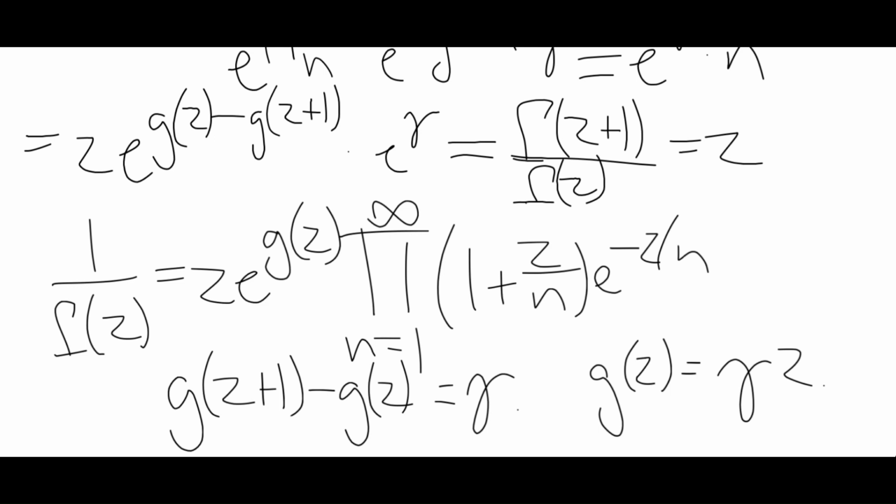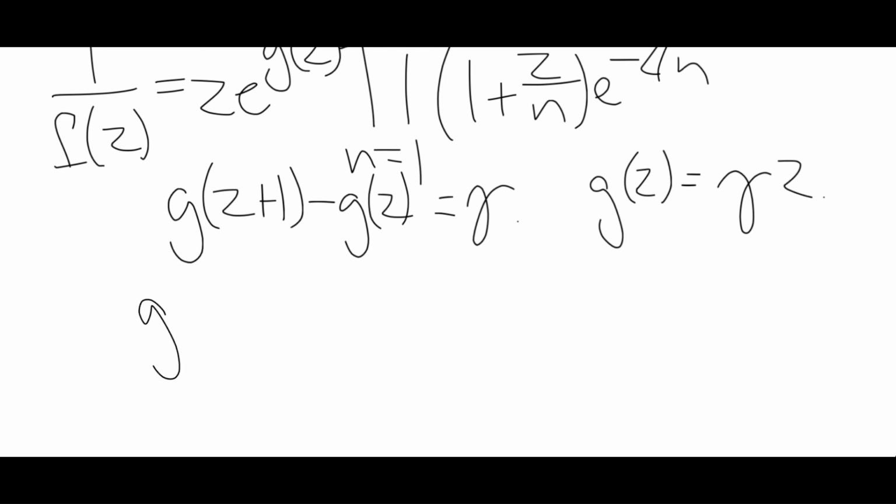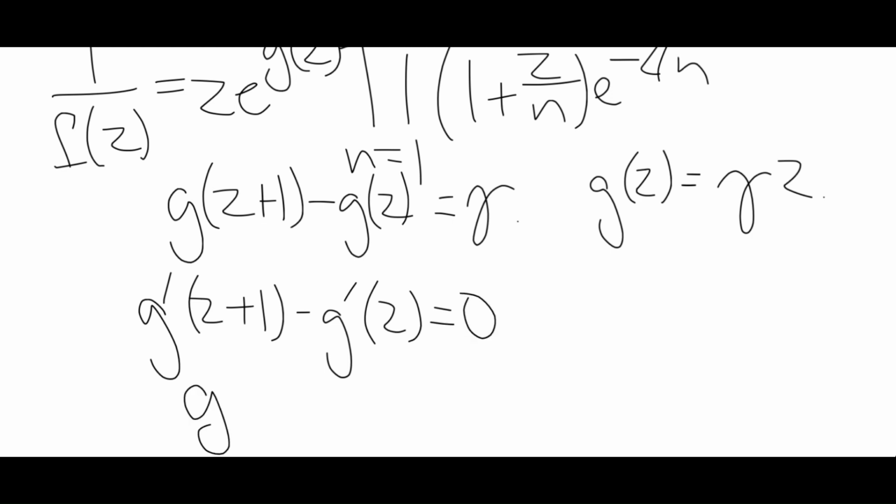But one way of proving that it really is gamma z is to look at the derivative of g. So when we differentiate, we get g prime of z plus 1 minus g prime of z is 0. So g prime is holomorphic. Well, it's entire. It's holomorphic on the whole complex plane. And it's periodic.